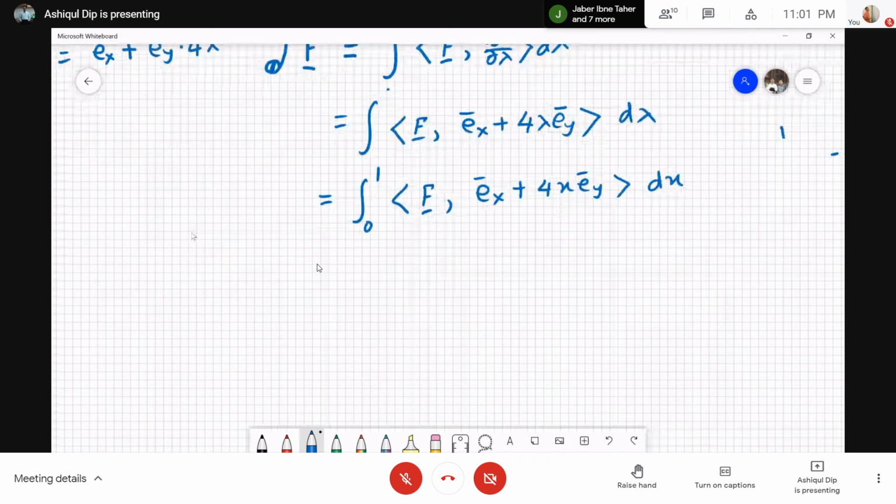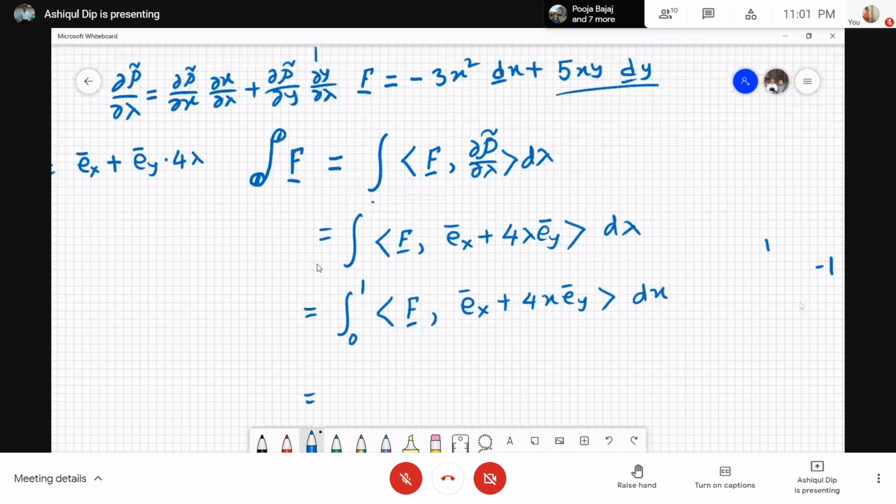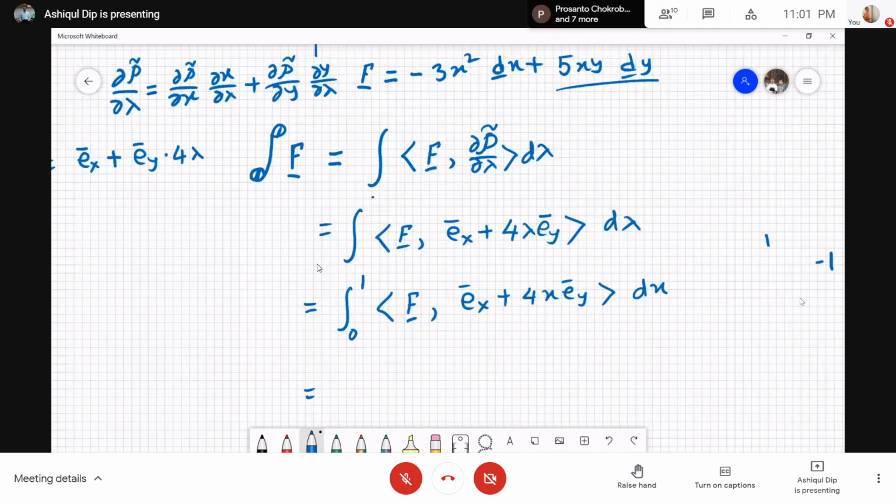Then if you pierce that using the definition of F, what's that? Minus 3x squared plus 20 x times y dx, right?